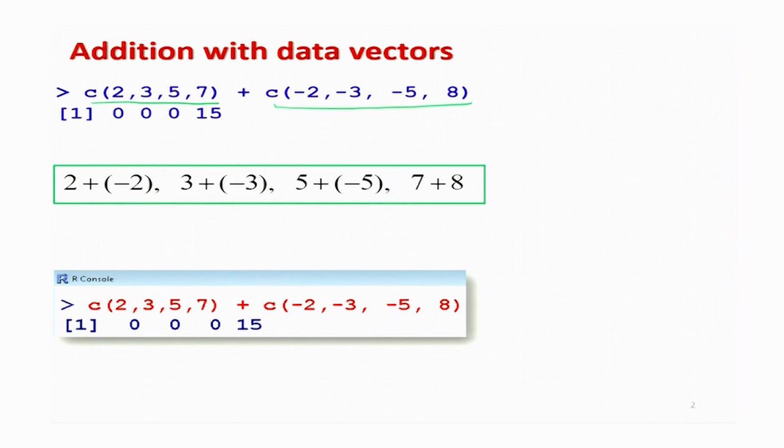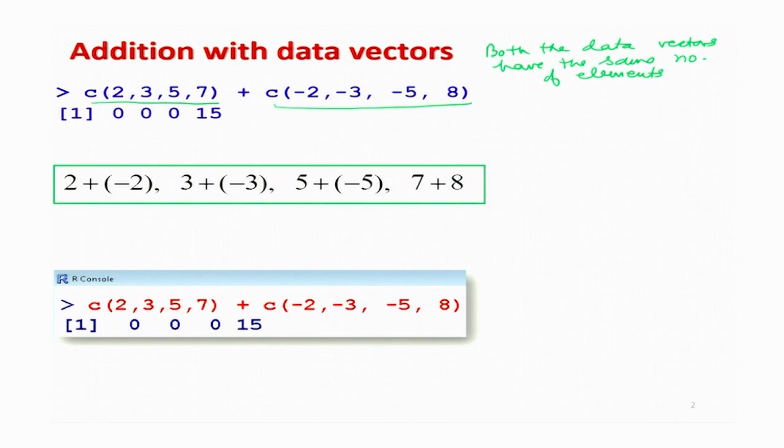You can see that both data vectors have the same number of elements. There are 4 values in data vector 1 and 4 values in data vector 2.